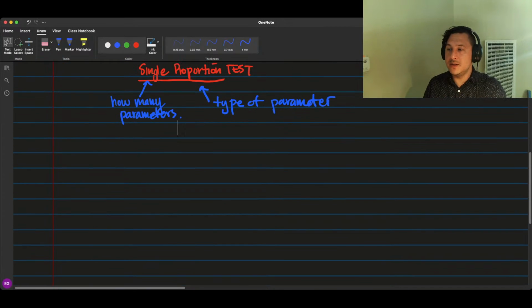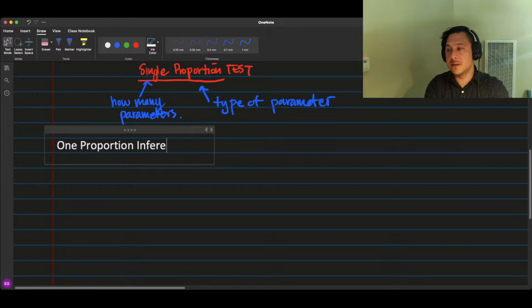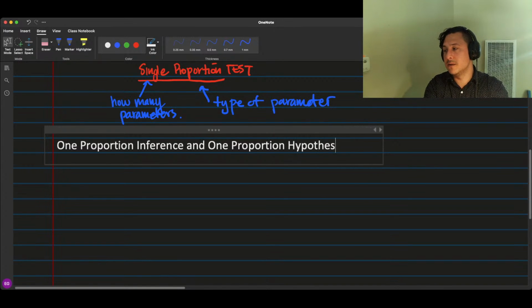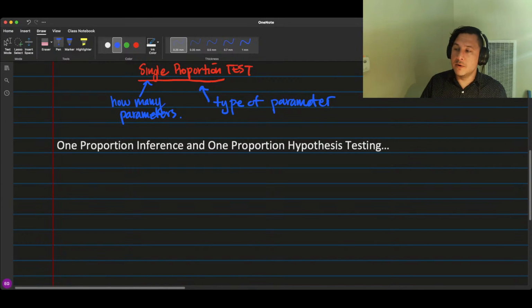Okay, so we're going to talk about two different things. We're going to talk about one proportion inference, and we're also going to talk about one proportion hypothesis testing. So from now on, we're going to deal with the two of them together.